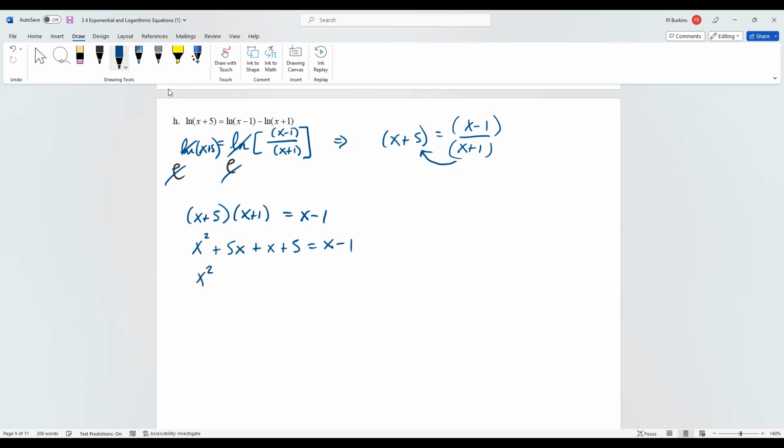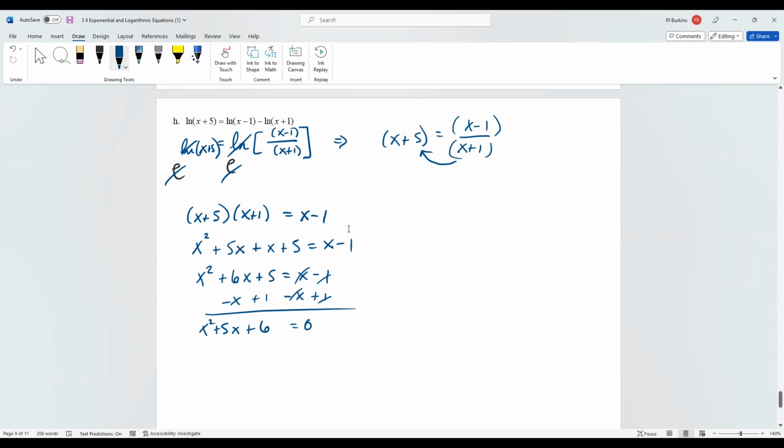Adding like terms on the left-hand side, I would have this. Then I need to subtract the x and add the 1. They all cancel on the right, giving me 0. And on the left, I have x squared plus 5x plus 6.